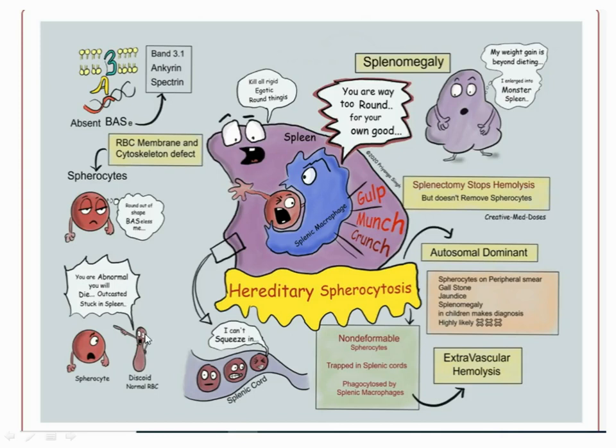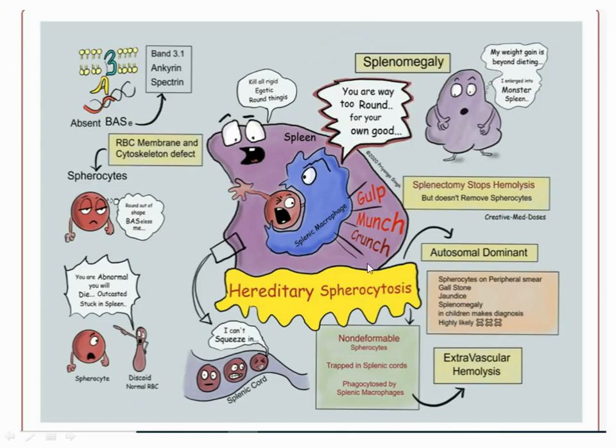The absence of band 3, ankyrin and spectrin leads to weakness of the cytoskeleton of the RBC wall, and the RBCs become spherical in shape, so they are called spherocytes.